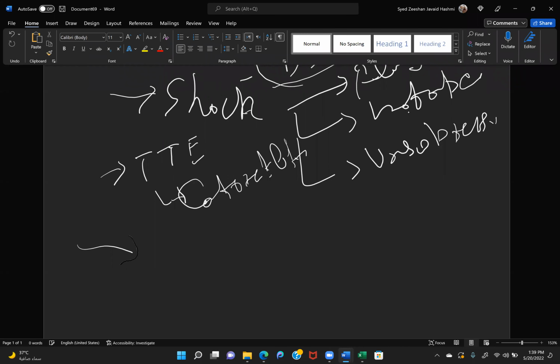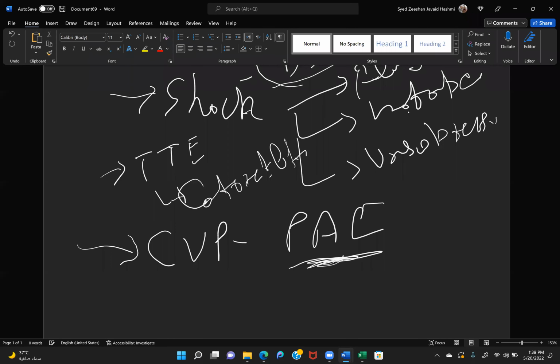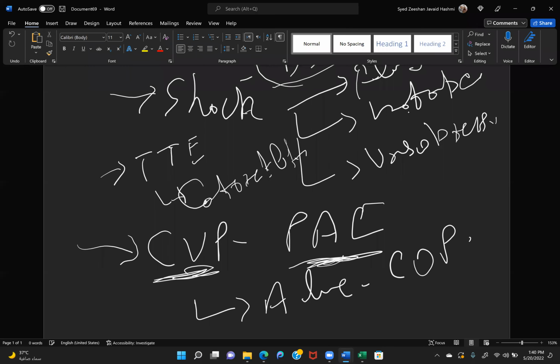Another thing will be like CVP or pulmonary artery catheter, okay. But usually the findings which used to be gathered from pulmonary artery catheter or CVP, now they can be obtained more reliably through an A-line or cardiac output monitors, okay.